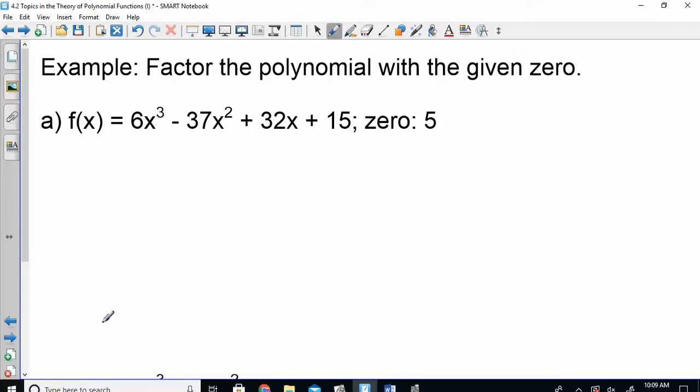We are trying to get to factoring higher level polynomials. I'm going to tell you that 5 is one of the zeros of the polynomial. We need to get the complete factored form from that.